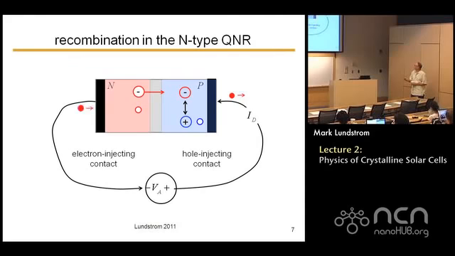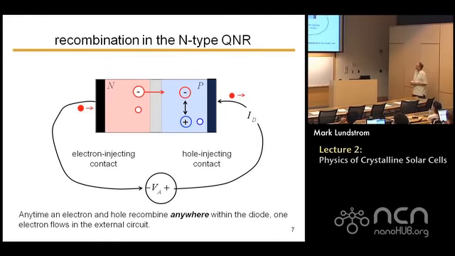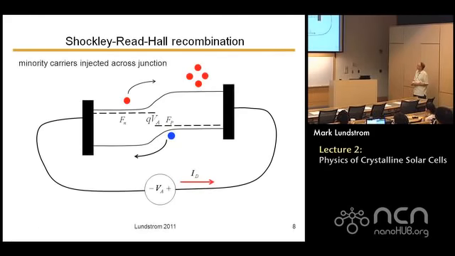So I've replaced the hole, it goes around the power supply and comes in the N side, comes in at the conduction band, and replaces the missing electron in the conduction band. And that's how the whole process works. Anytime an electron and a hole recombine anywhere within the diode, one electron flows in the external circuit.